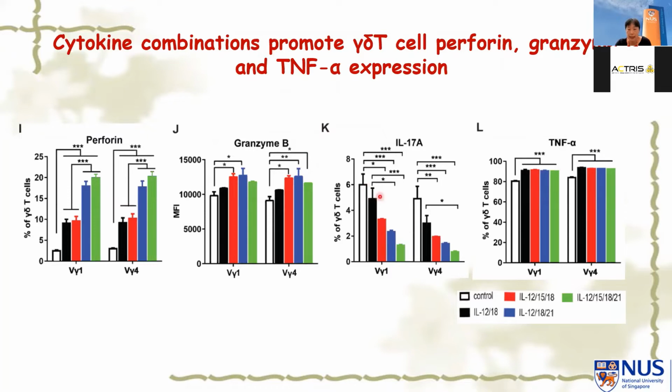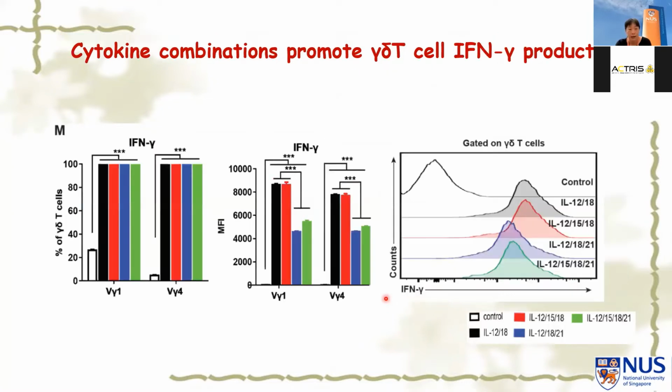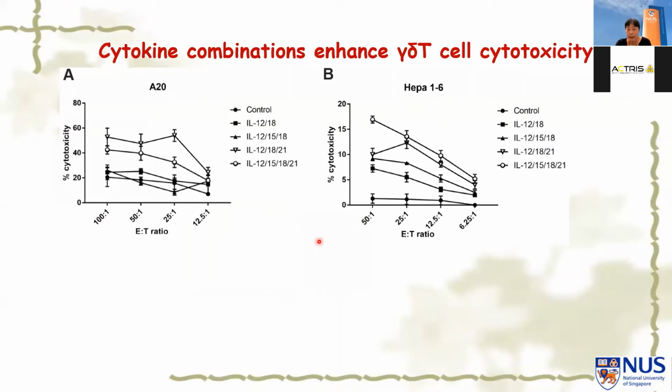Most importantly, it actually decreased IL-17, which is an inhibitory cytokine, at least in our tumor models. The most striking outcome is the interferon gamma production. It increased from around 20% to almost 100% of gamma delta T cells producing high levels of interferon gamma. This is the percentage, and this is the expression level, the MFI, which also increased dramatically. So then we thought, can they kill better?